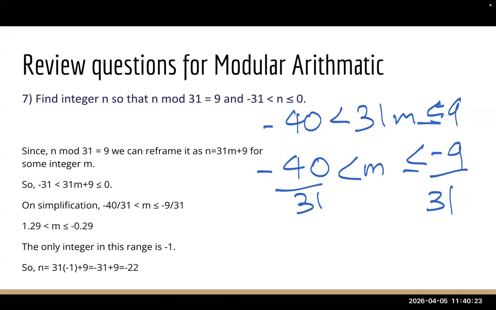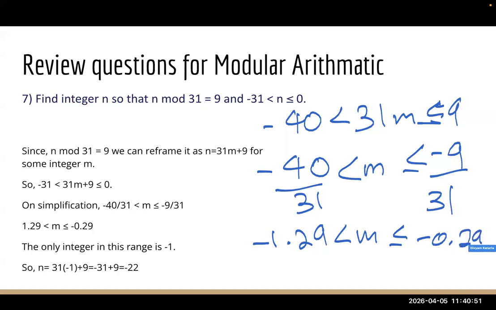Negative 40 divided by 31 is negative 1.29, less than or equal to, it's negative 0.29.